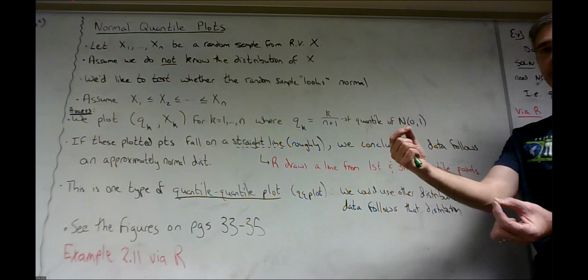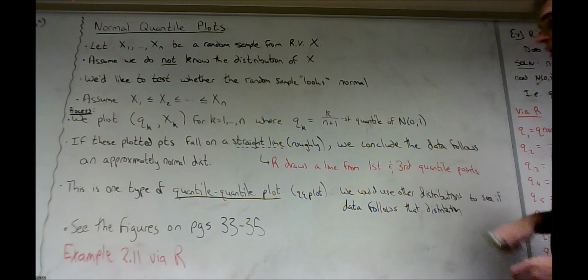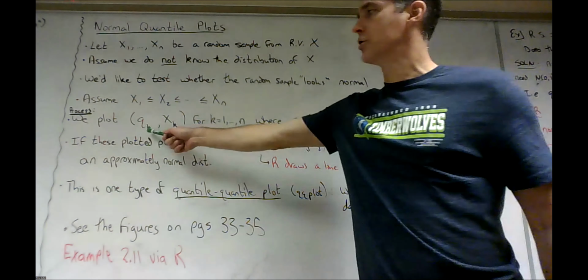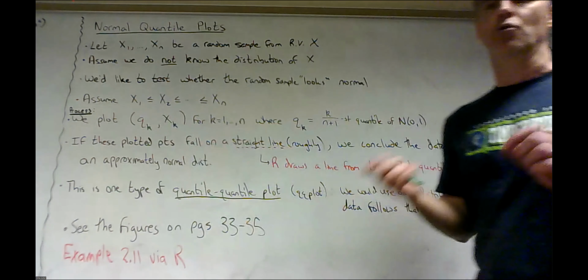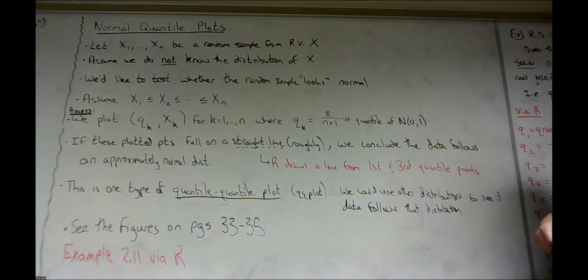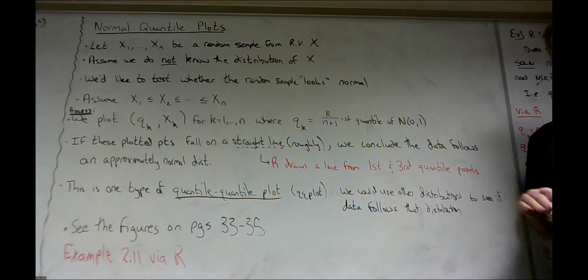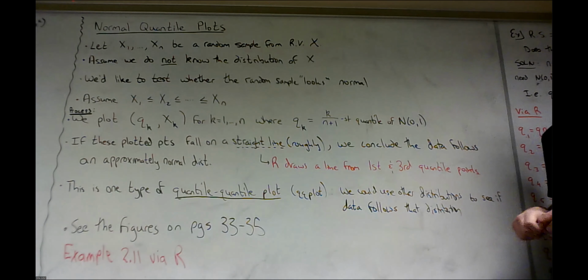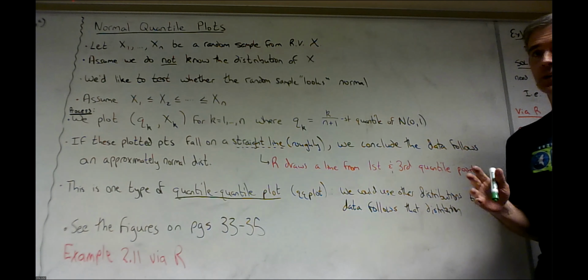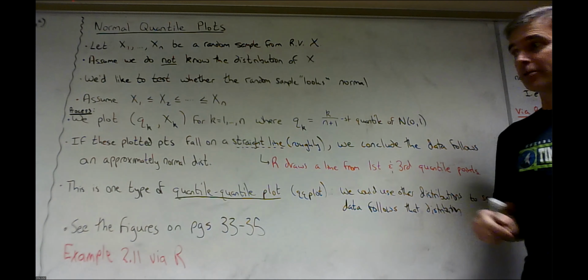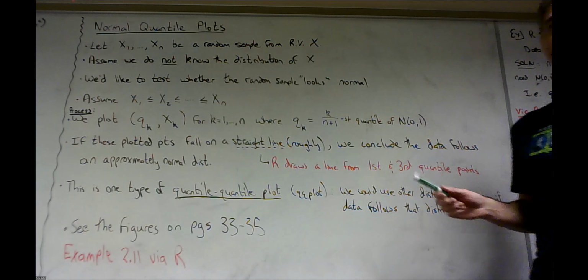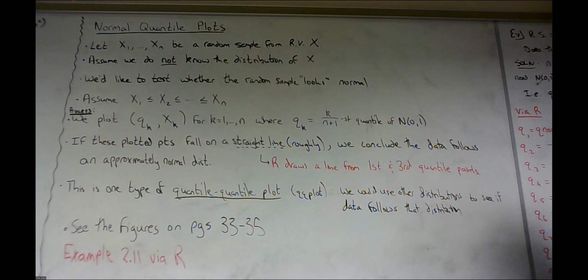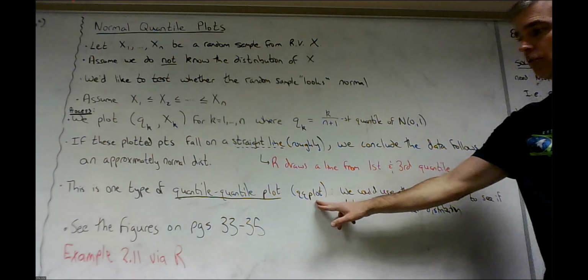Those are the two points it's going to pick to draw the line, from Q.25 to Q.75, or the closest it can find to those two points. So we plot those points. If they appear to be normal, we conclude that the data, x1 up through xn, follows an approximately normal distribution. If it doesn't, we're going to say this data does not look normal. So this is one type of quantile plot we can do, or QQ plot.